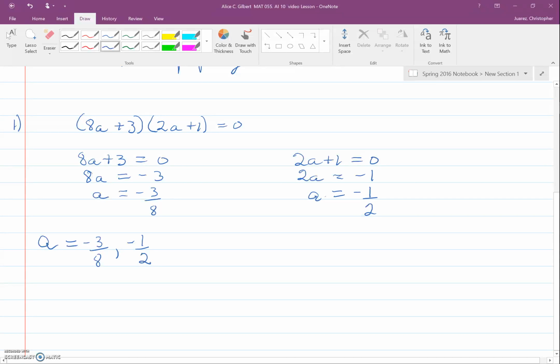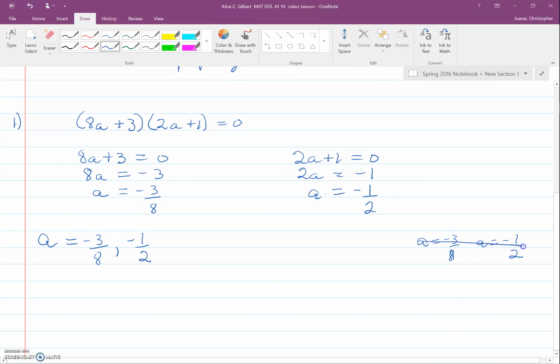Whenever it's an equation, your answer must always be a equals this or that if there's more than one. Do not write a equals negative 3/8, a equals negative 1/2 on separate lines. Please do not do that. Please do it as I've done here.